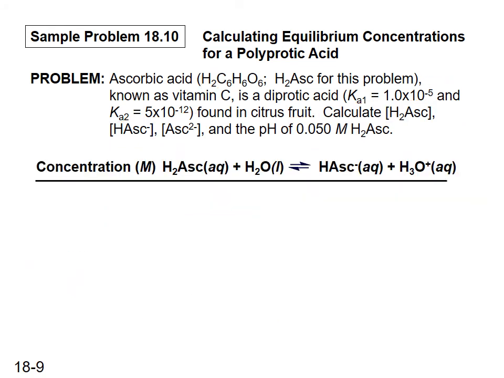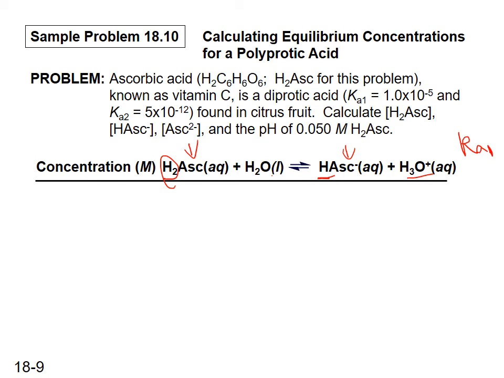To calculate the hydronium concentration, we only focus on the first dissociation reaction, and that is the ascorbic acid with 2 hydrogens reacting with water, forming an anion with still 1 hydrogen and the hydronium ion. And so this reaction has an acid constant Ka1.